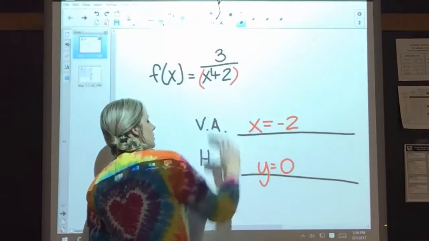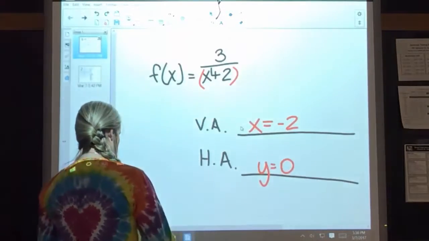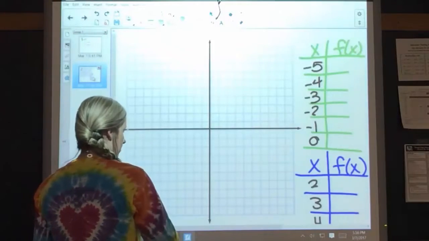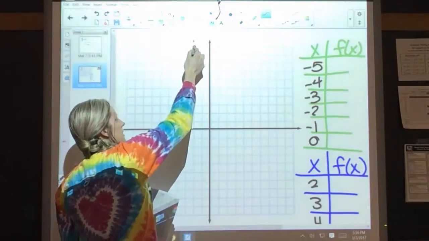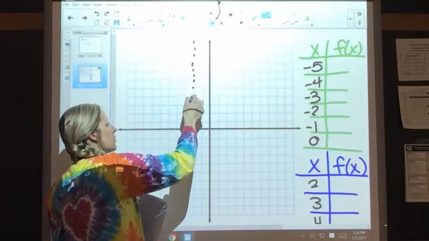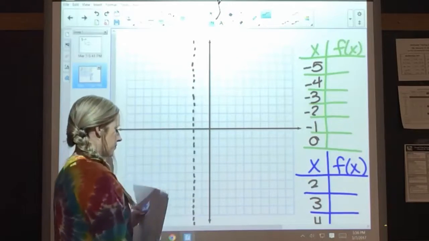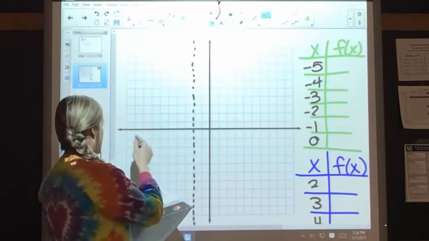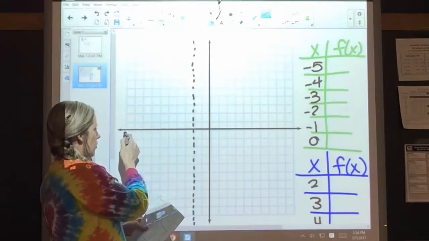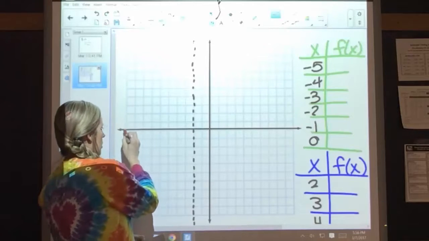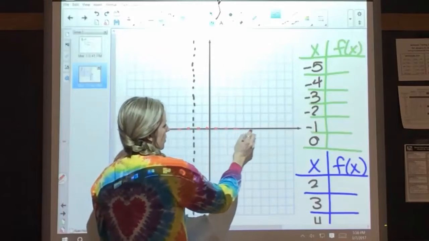Alright, so let's go ahead and graph our vertical and horizontal asymptotes. We have one where x is negative 2. So a vertical line when x is negative 2. Our horizontal one is y equals 0. So a horizontal line where y is 0.